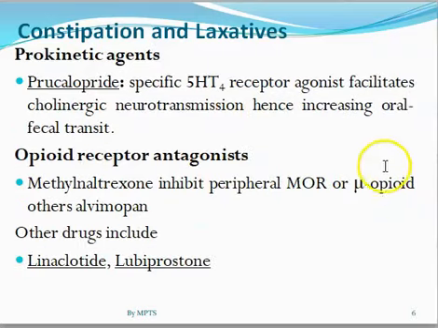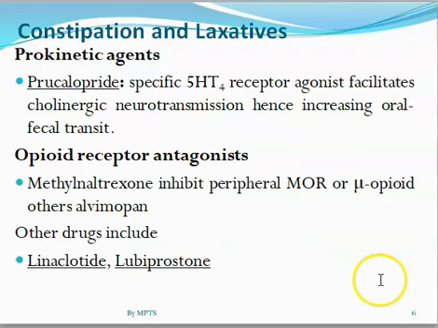Now, the prokinetic agents which can be used include prucalopride. Also, the opioid receptor antagonists. Remember, one of the side effects of opioids is constipation. So methylnaltrexone can be used. It inhibits the peripheral mu opioid receptors, and once you inhibit them, you lead to increased peristalsis and easing of passing of bowels.